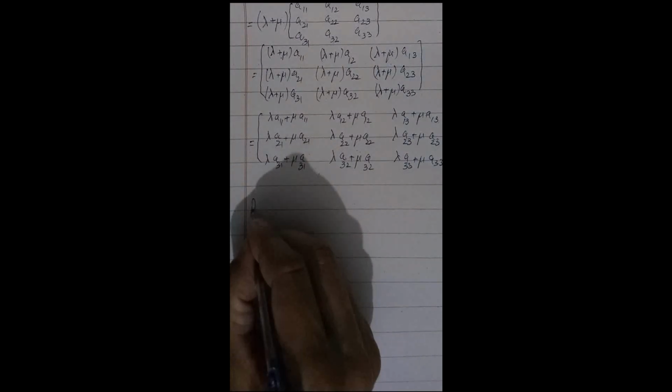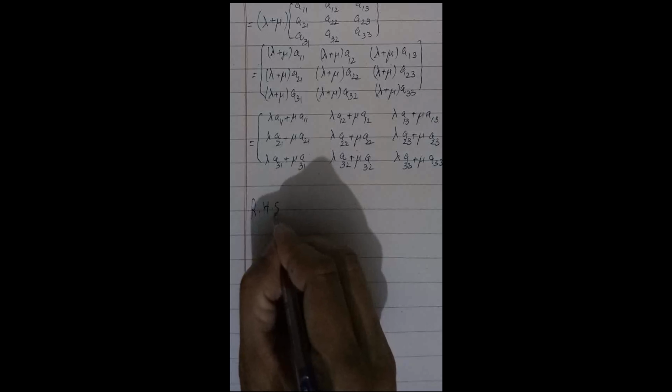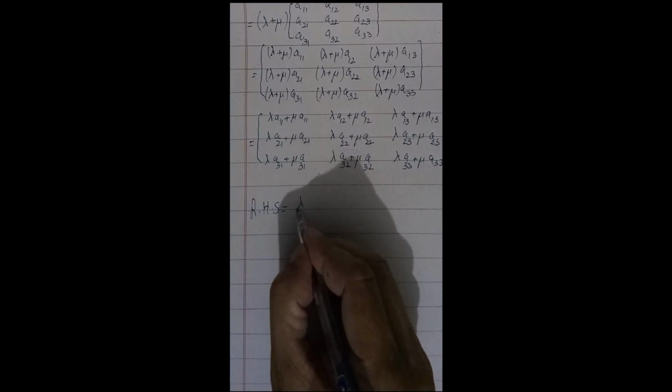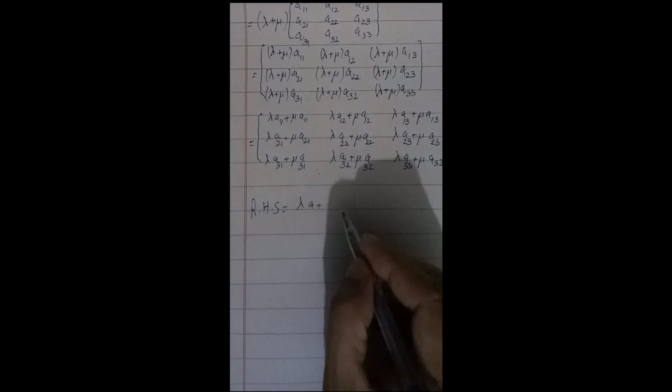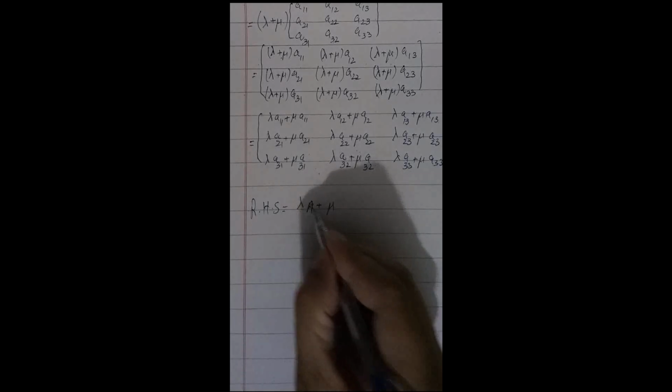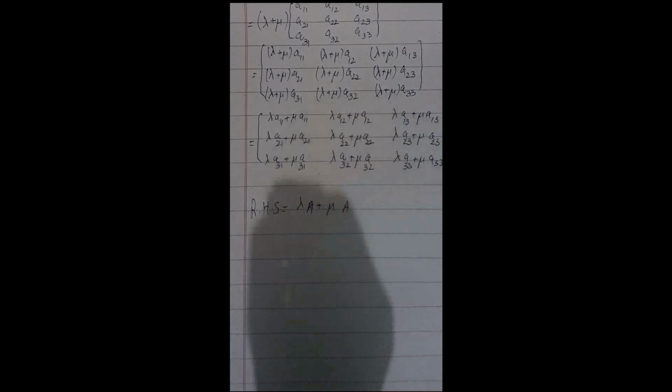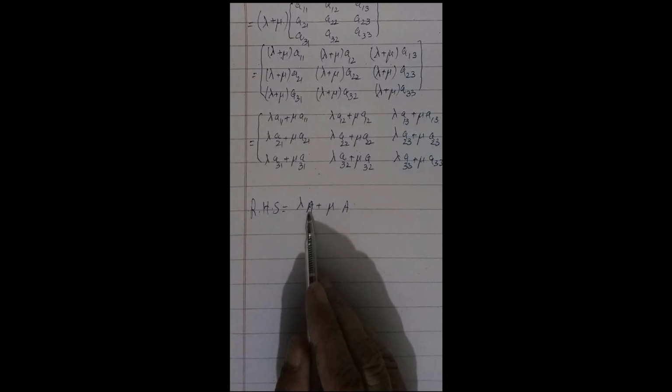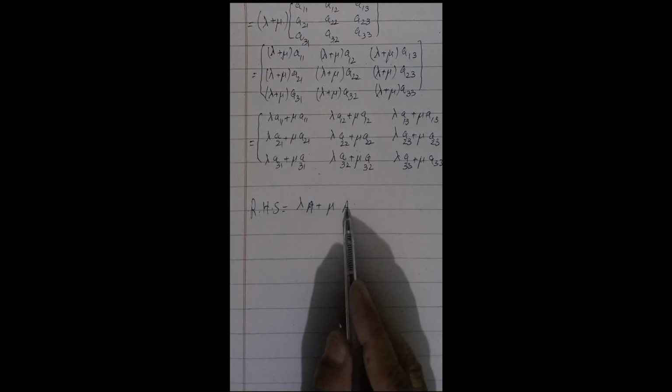We get right hand side is equal to lambda A plus mu A. Now put the values of the A matrix with lambda and the A matrix with mu.